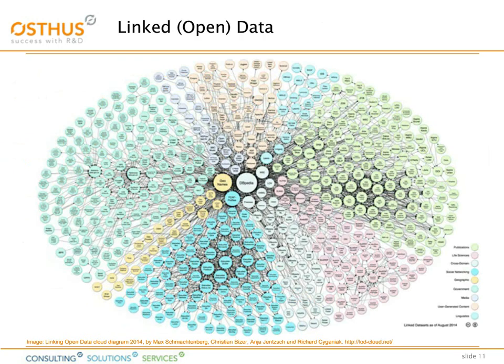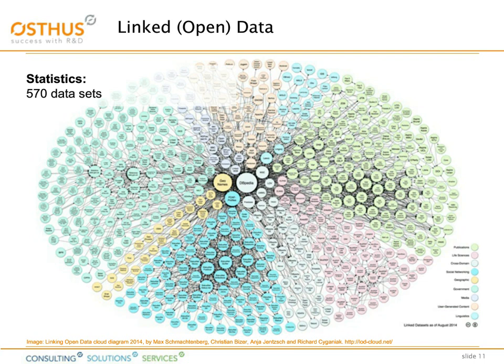To give you an outlook, we have here the linked open data cloud, which currently consists of about 570 data sets that are publicly available. This data represents different sectors.